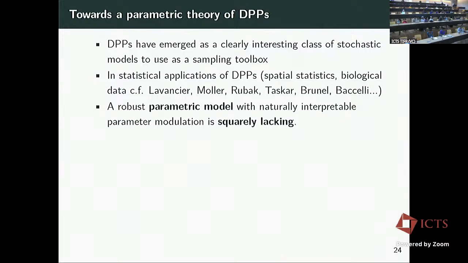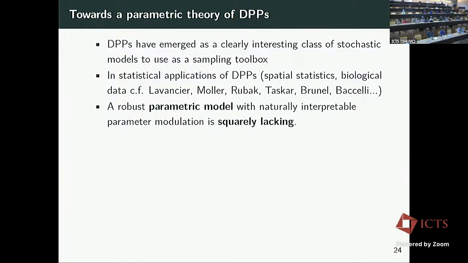In fact, a lot of work has been done in that direction. These are some of the names who have worked on this topic of using determinantal probability measures as a statistical model to model spatial point patterns in spatial statistics.